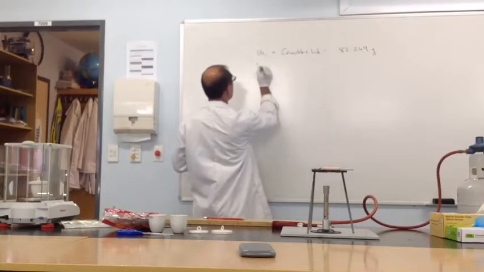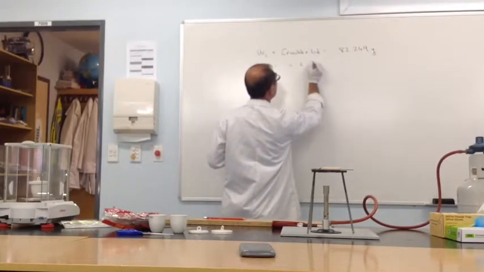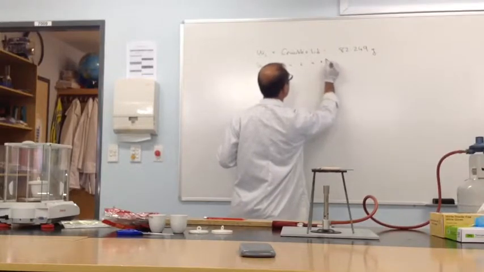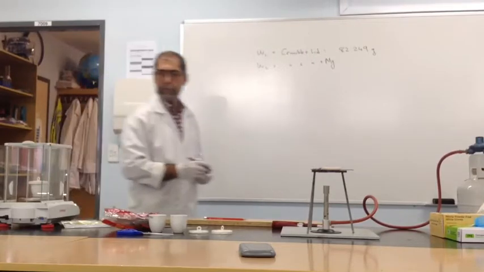Weight 2 is crucible plus lid plus Mg, magnesium, 82.522.